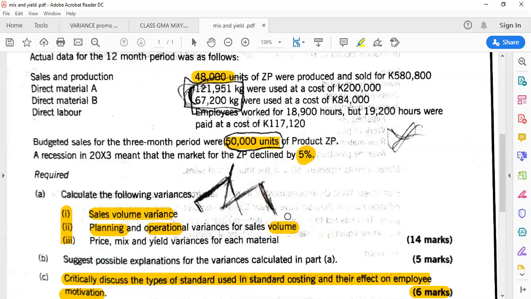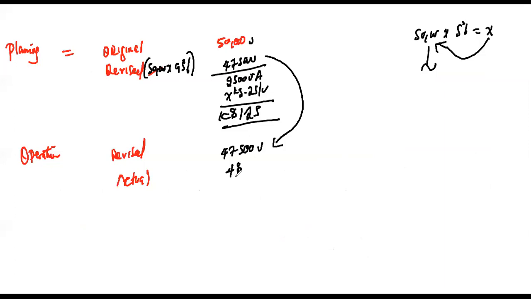Okay. So now there you go. You bring your 48,000 there. So now you have a variance again of 500 units favorable. It's a good thing. The actual results were better than the revised, which is a good thing.